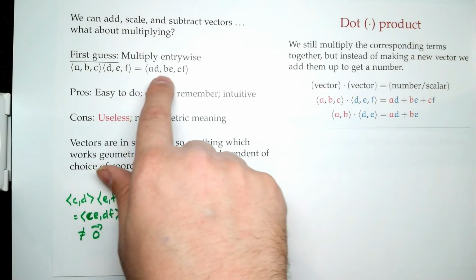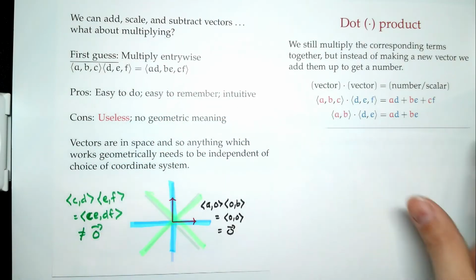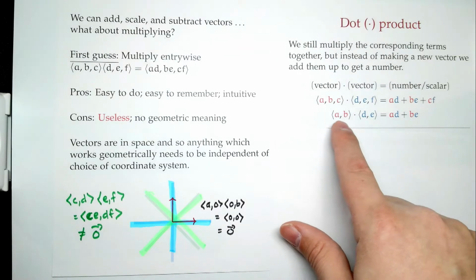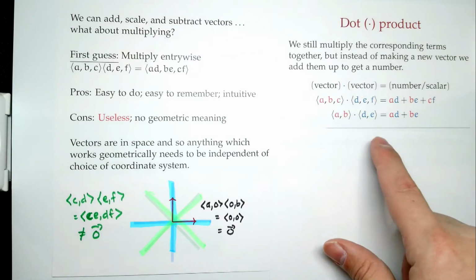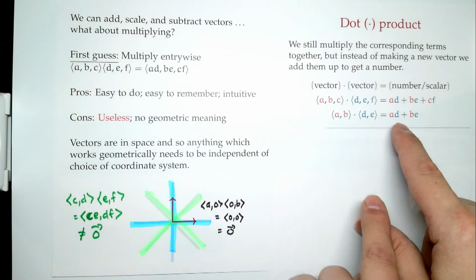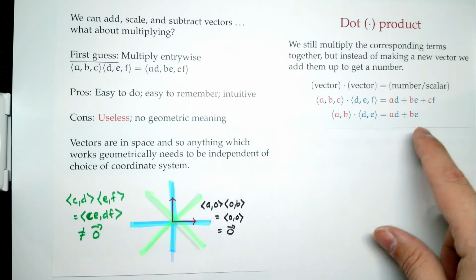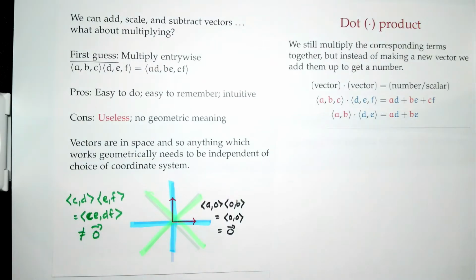Again, you'll notice it's the same thing we did before, but we're adding things up. Nothing special about dimension 3. So if I do it in 2 dimensions, AB dot DE, well, multiply the first entries, AD, multiply the second, BE, add them up.